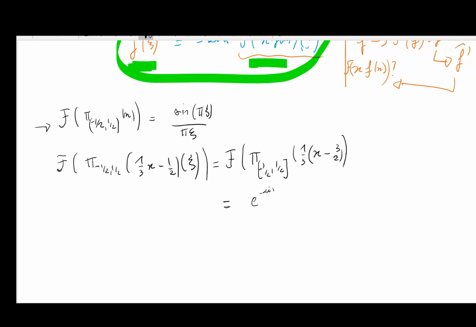So a is 1 over 3, so I'm multiplying by a times f hat of psi divided by a, that's 3 psi.